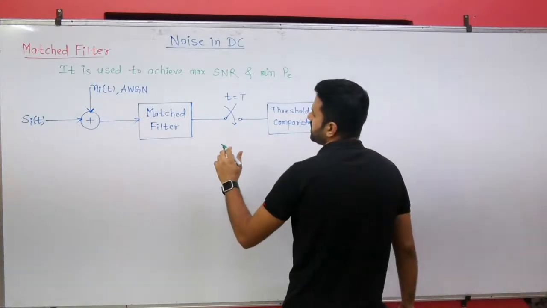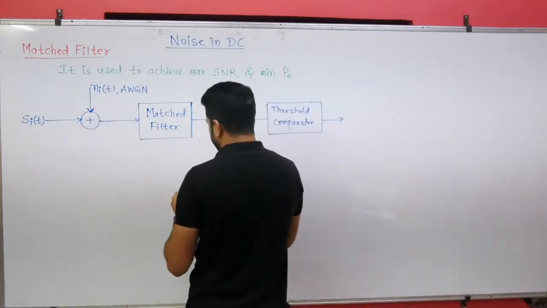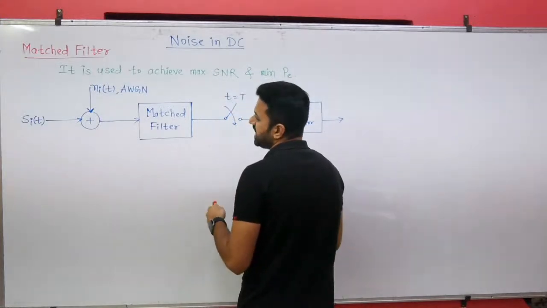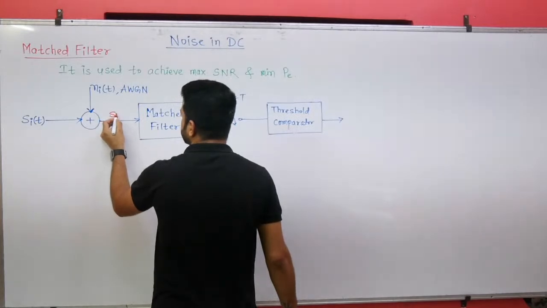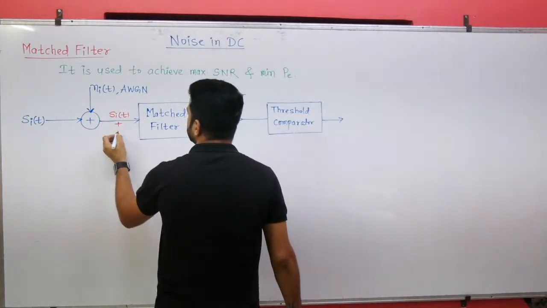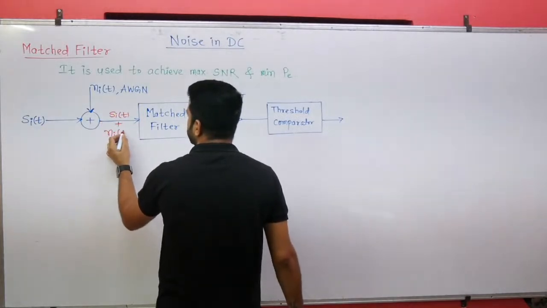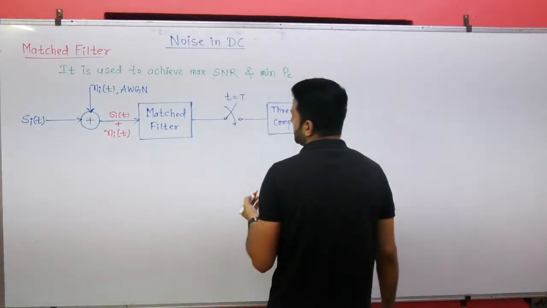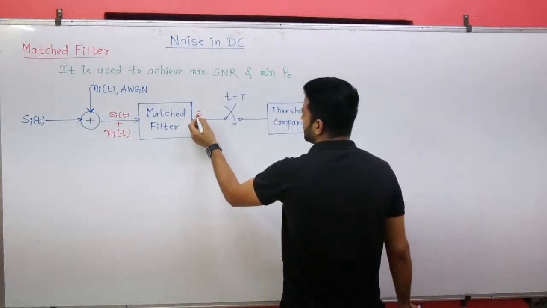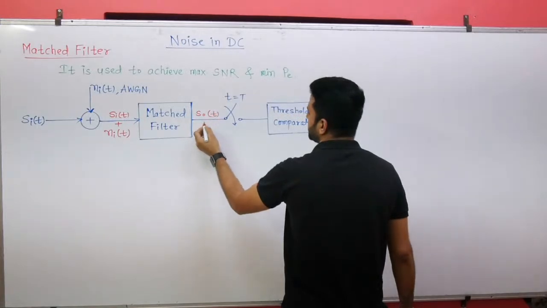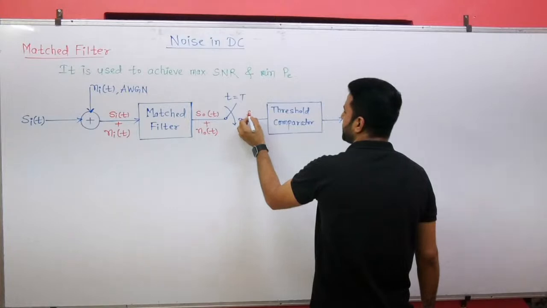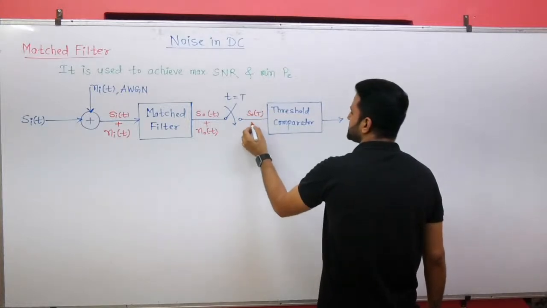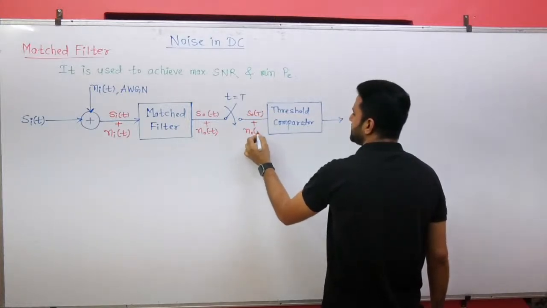At the input of this match filter, as we can see, the signal and noise are coming. Here we get the signal s(t) and the noise n(t), signal plus noise, and at the output of the match filter we get signal plus noise again, and after sampling we get the sample value of the signal and the noise.